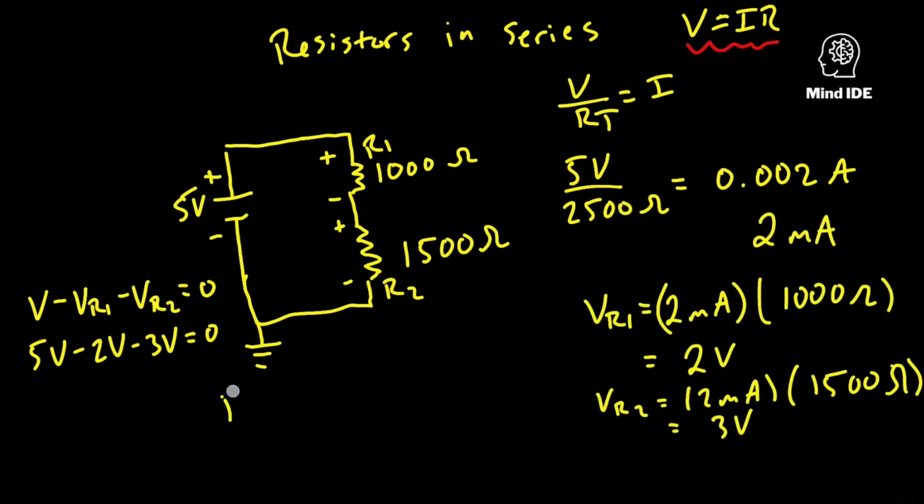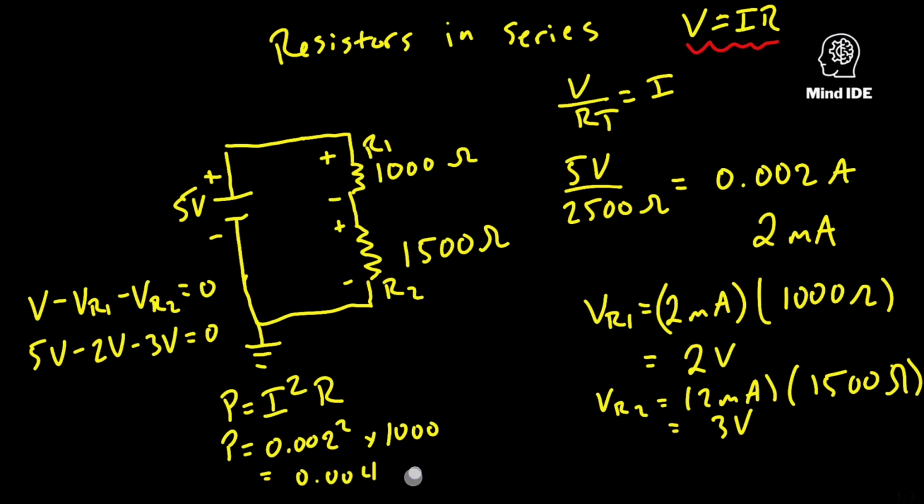You can go P equals I squared R. So if we do the first one there, P equals 0.002 squared times 1,000 is 0.004 watts, or 4 milliwatts.